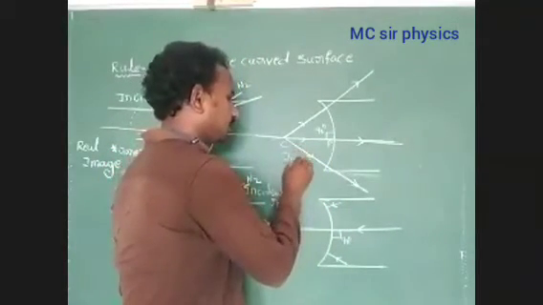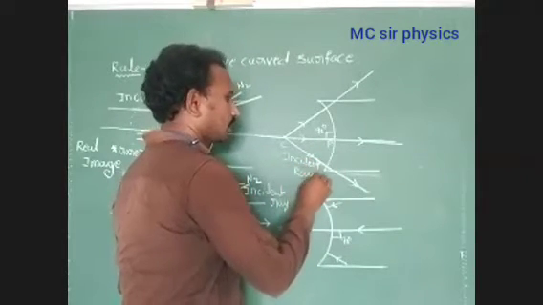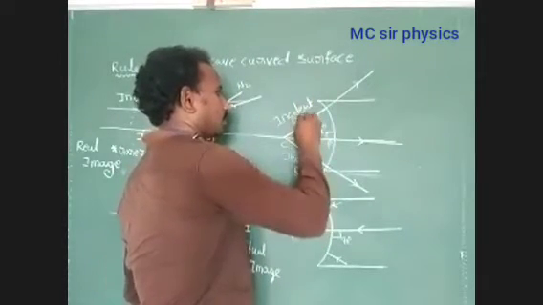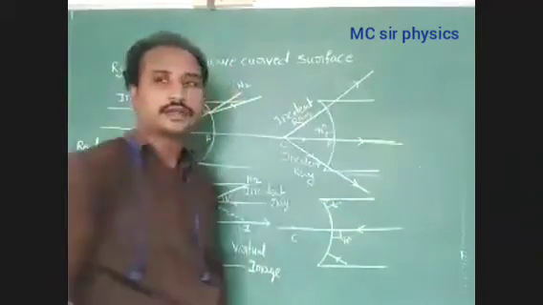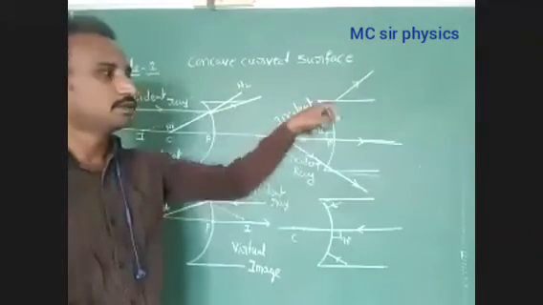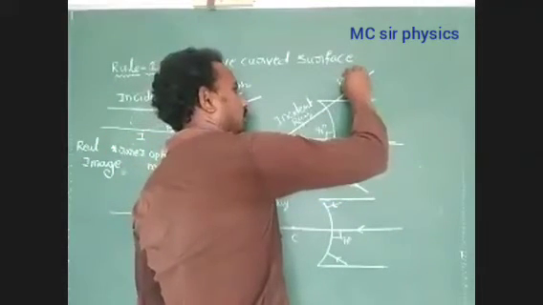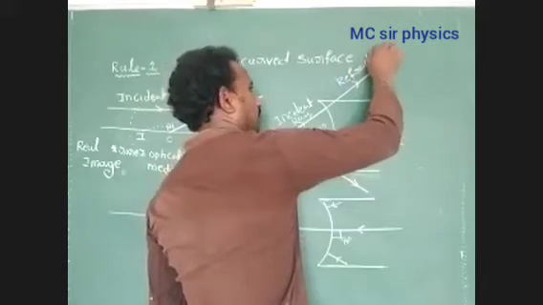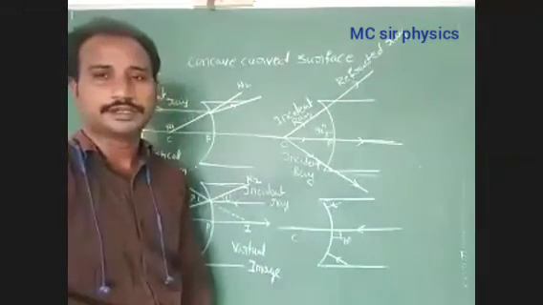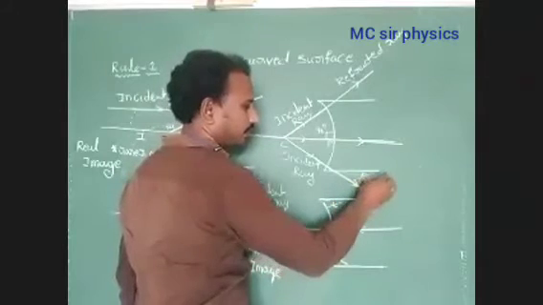So this represents the incident ray. What is the direction of the refracted ray? The direction of the refracted ray is the actual path of the incident ray. So we represent the direction of the refracted ray along the incident ray direction. Here also we represent the refracted ray.